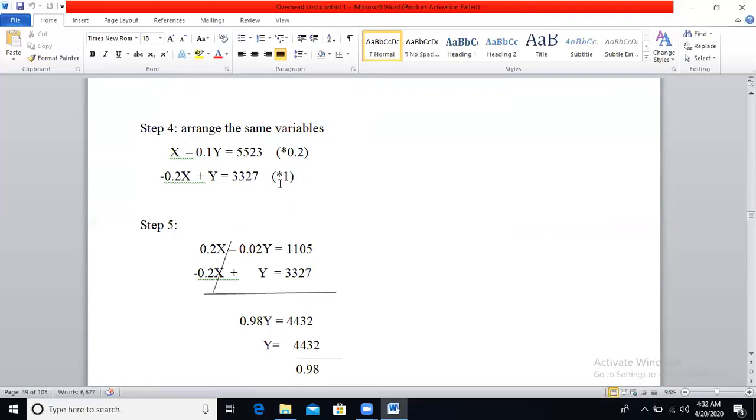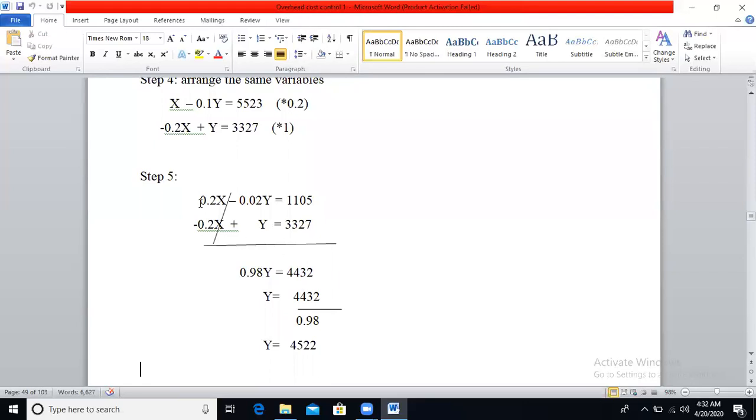For the second equation, plus into minus 1 into 0.2X, 0.2X, plus into plus 1 into Y is equals to plus into plus 1 into 3327, 3327. Now simplify this. Plus 0.2X minus 0.2X get cancelled. Plus into minus, it means you have to do the subtraction. Y represent 1. 1 minus 0.02Y is equals to 0.98.